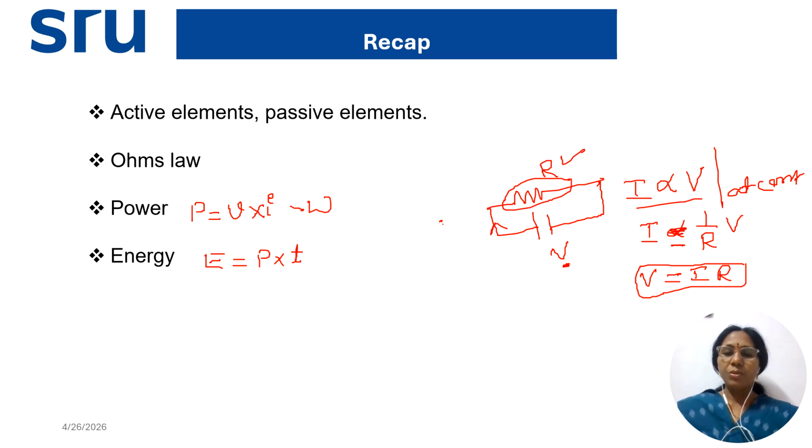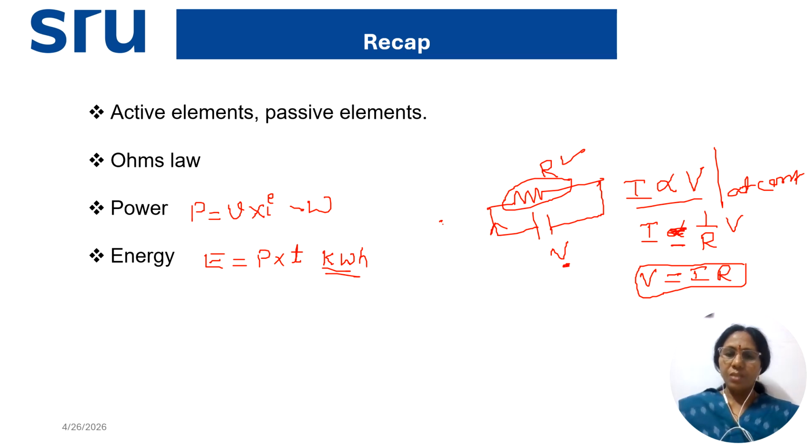So how much power is consumed by a device for how many hours gives the energy consumed by the device, and we take the product of power and time. That may be in kilowatt hour. Generally we represent the unit of energy in kilowatt hour. So this is about the previous lectures 1 and 2.